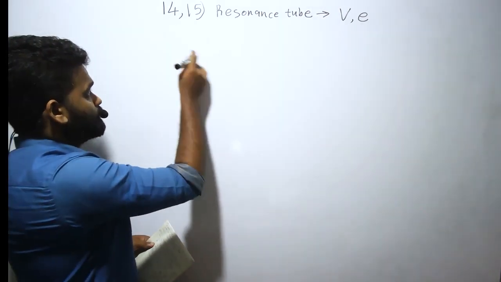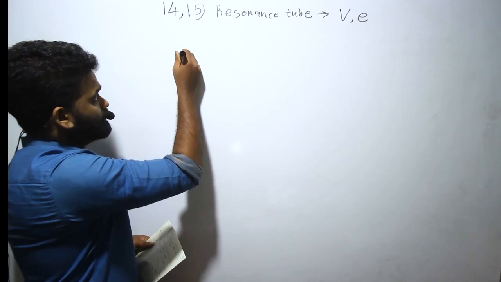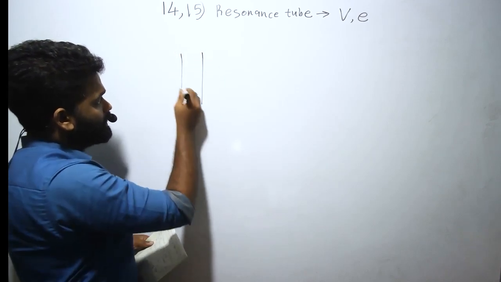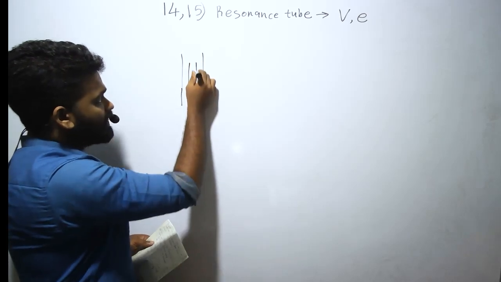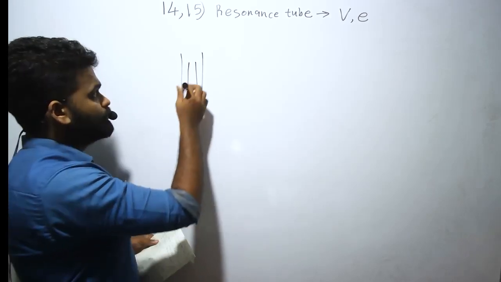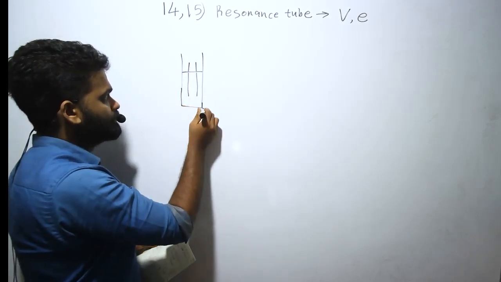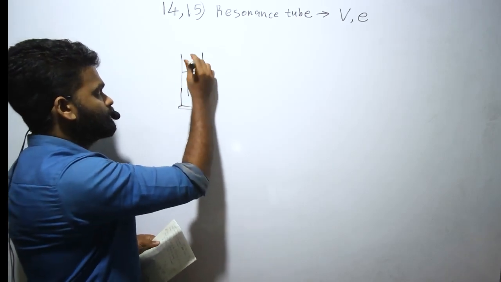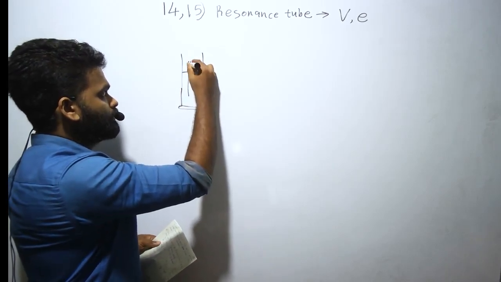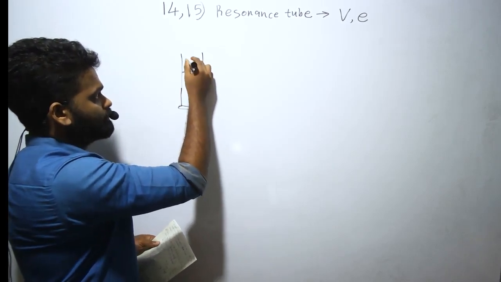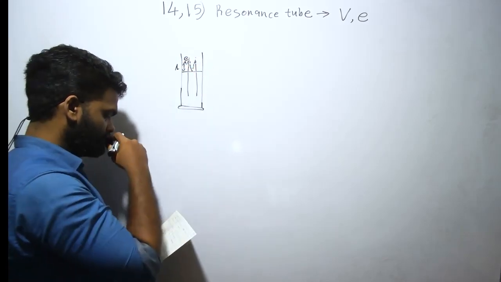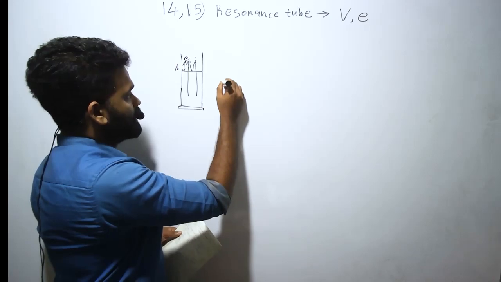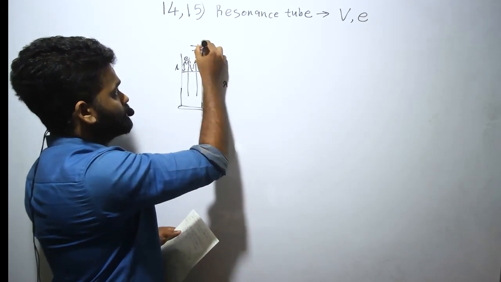So the setup is the same, but here we use only the fundamental wave pattern, right? In this wave pattern we have e, then L. So for this one, you can write, there's the fork.